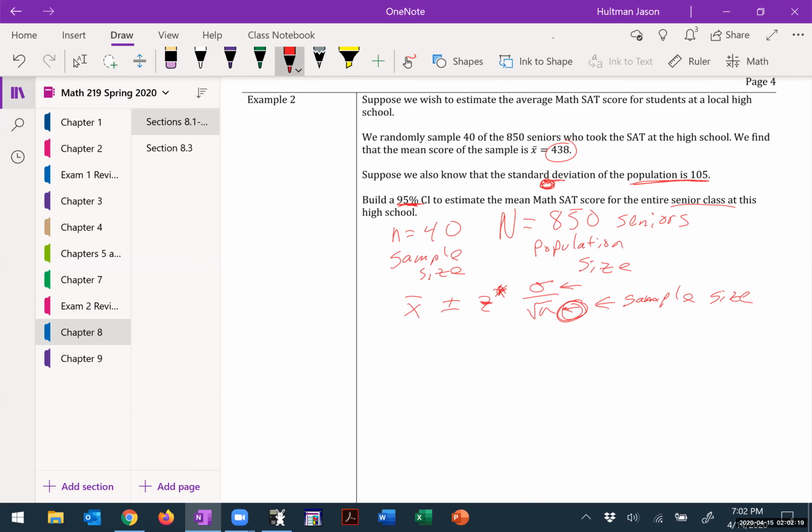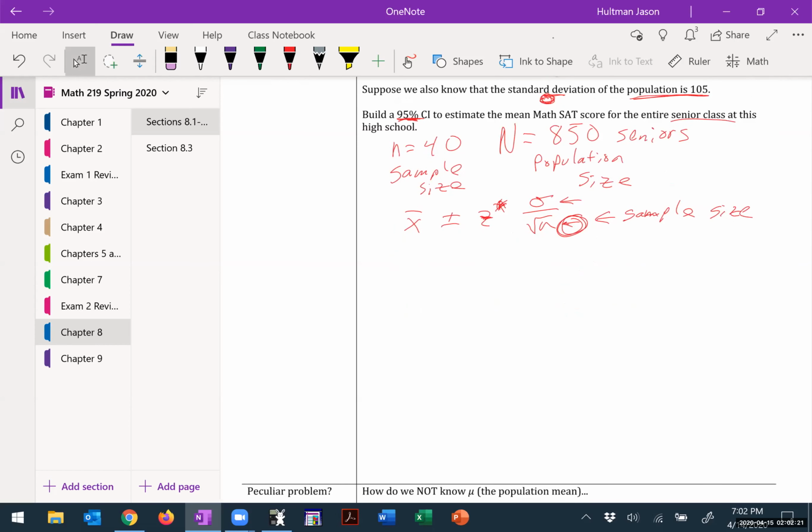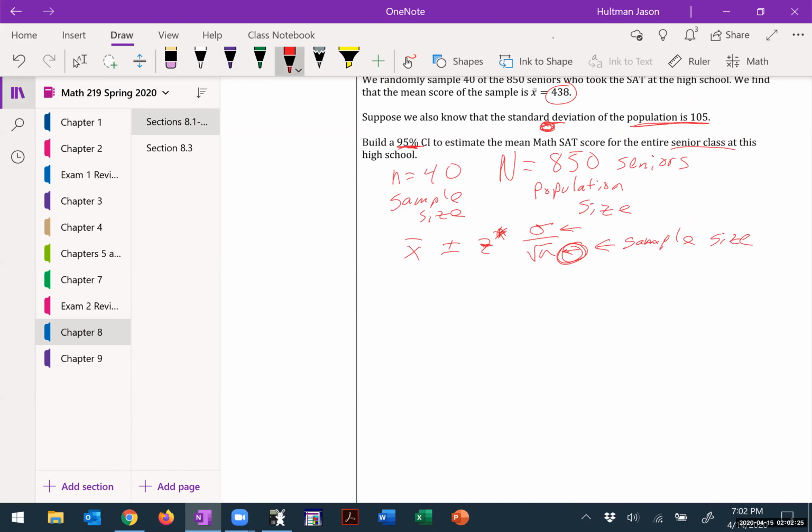Okay, so let's do the computation here. What was the X bar? What was the sample mean? It was 438. Okay. Plus or minus, what's the Z star for 95%? I'll give you a hint. It's close to 2.